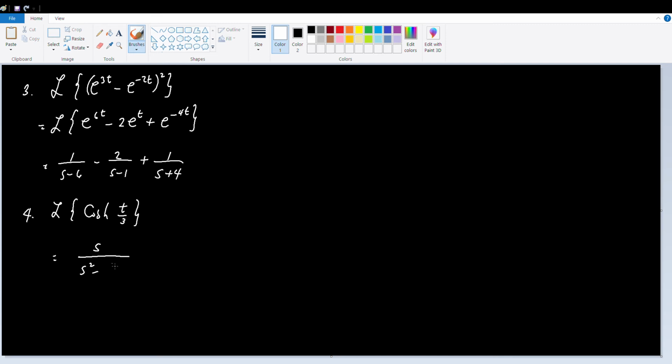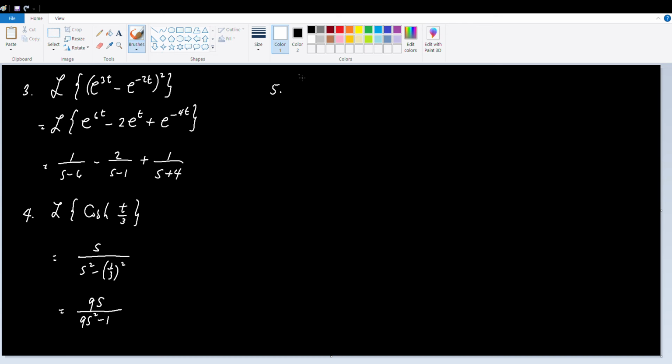Your k here is 1/3, squared. So that will be equal to s over s squared minus 1 over 9, or 9s squared minus 1 over 9, which goes up and combines with s. So 9s over 9s squared minus 1.